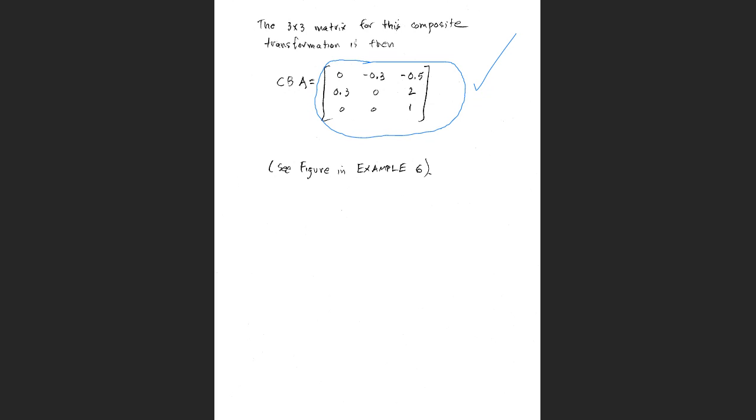Now, 3 by 3 matrices will handle two-dimensional transformations. But what if we wanted to work with transforming figures in 3-dimensional space? What size matrix would we need if we wanted to include translations as possible transformations?